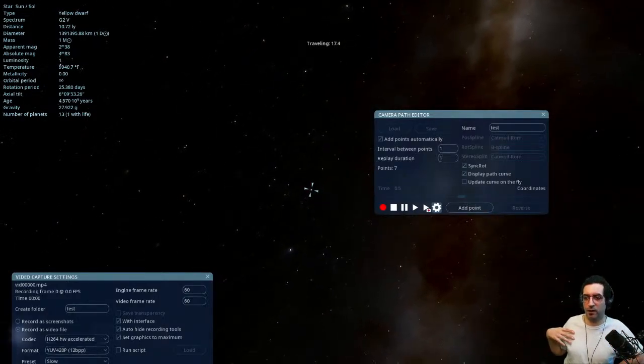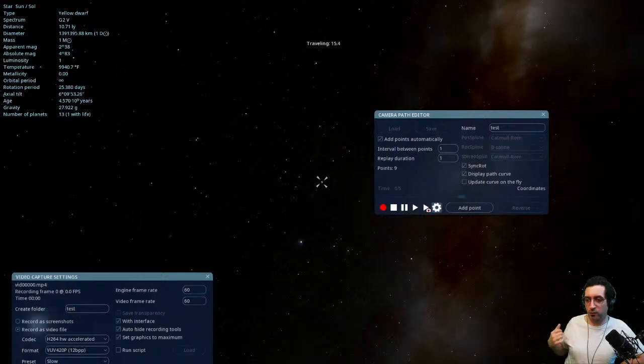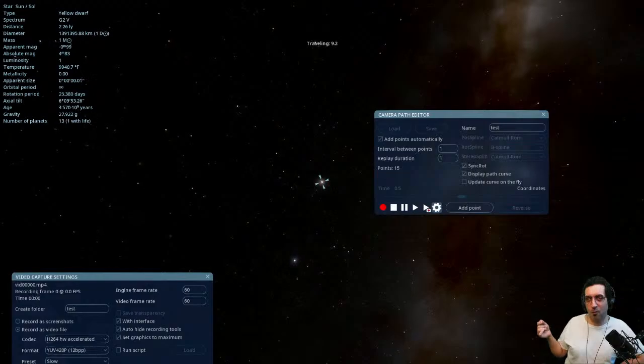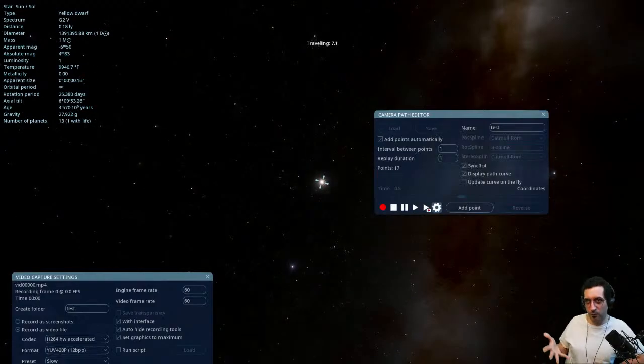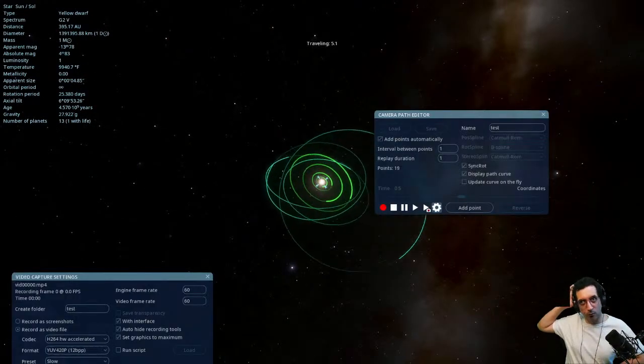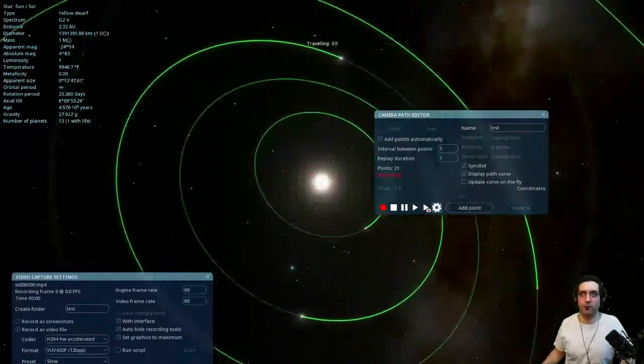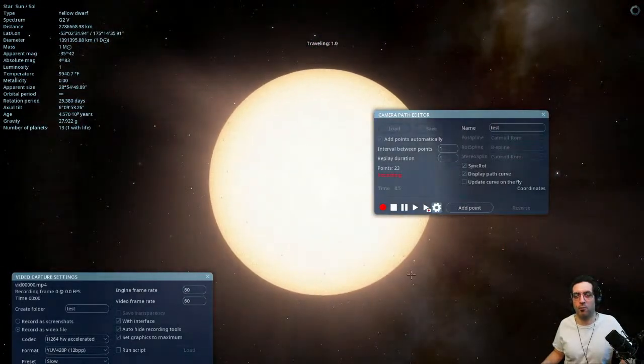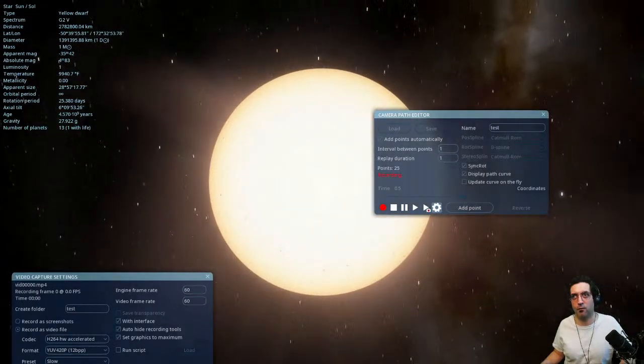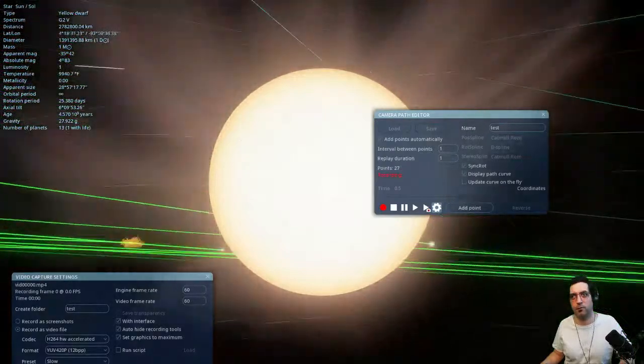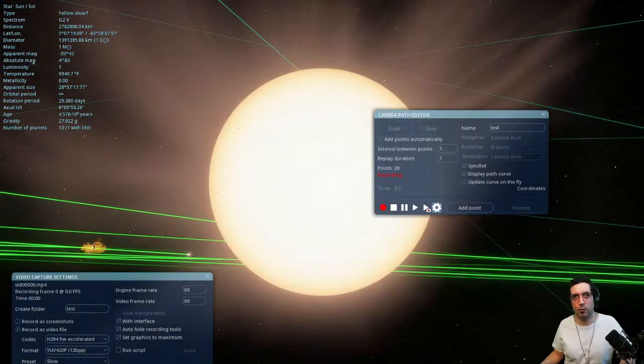So right now, whether I'm controlling it manually, or I do the automatic thing to navigate to the solar system, this flight path was just recorded by itself. Thank you, David Glenn. So now that we're in our star system, even me rotating it is going to get recorded on its own.